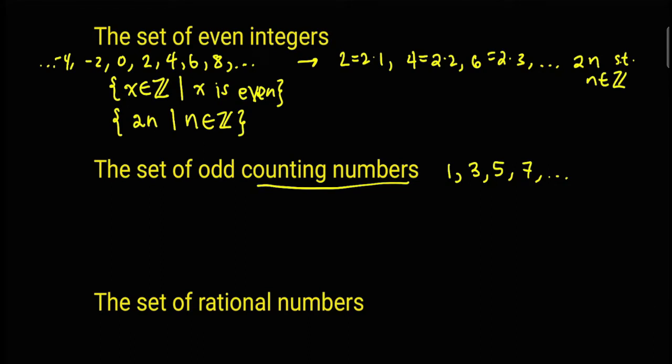So, we only include the positive odd numbers. So, those are the 1, 3, 5, and so on. So, again, we can simply write inside the set builder notation a description for the elements: x is a natural number such that x is odd.